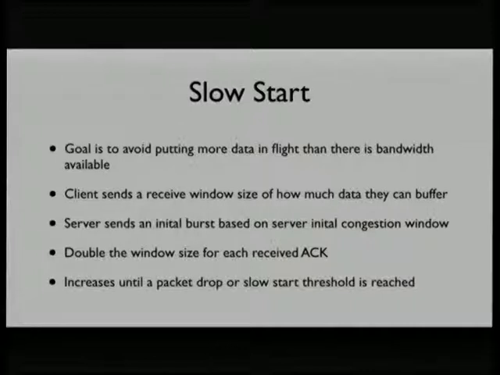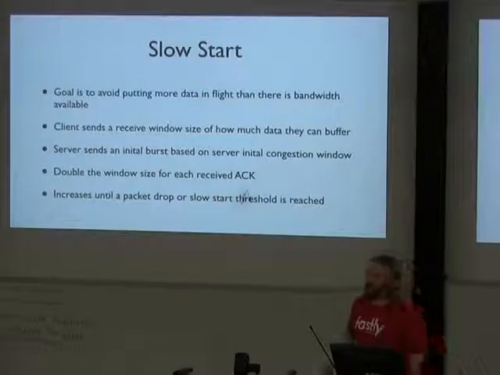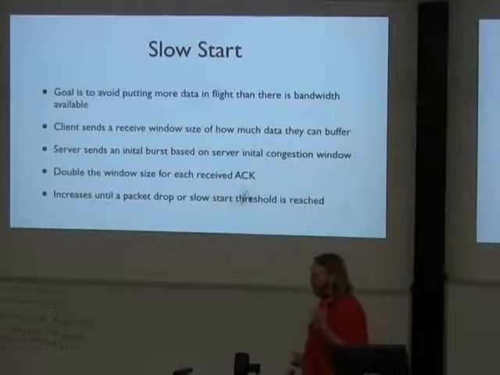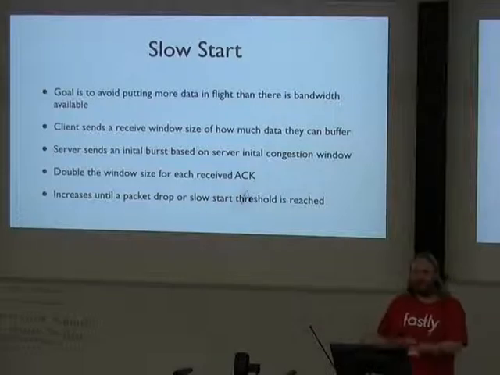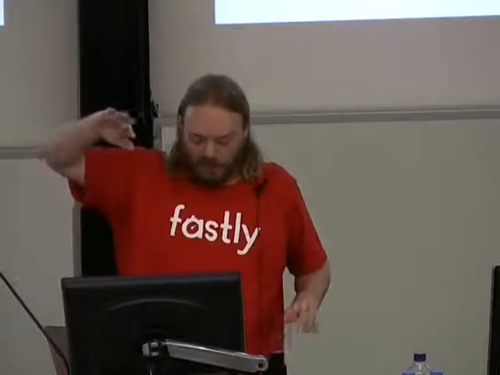The way it works is you have what's called the initial congestion window. The server will start off and send a small number of packets and then wait. When the client sends that very first packet back, it unleashes more. So it sends twice as many. It tries to grow exponentially up to whatever the maximum bandwidth for that pipe is, and then backs off a little and tries to keep a steady state there.